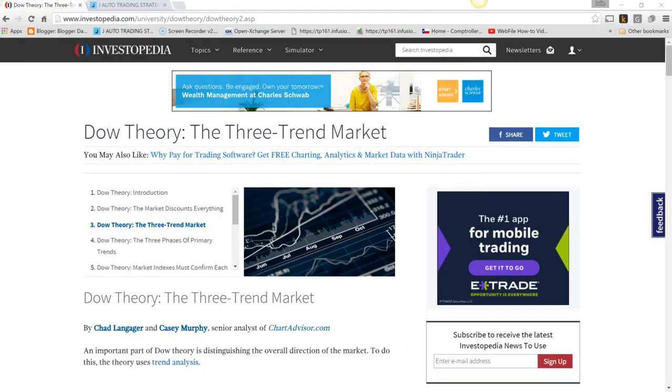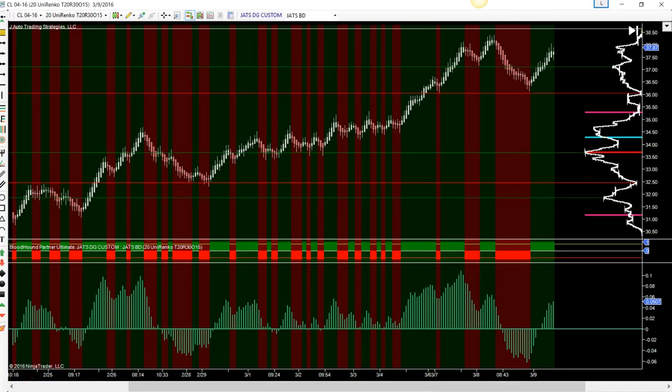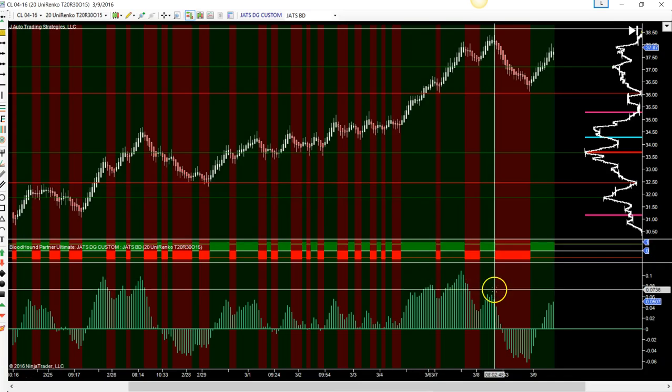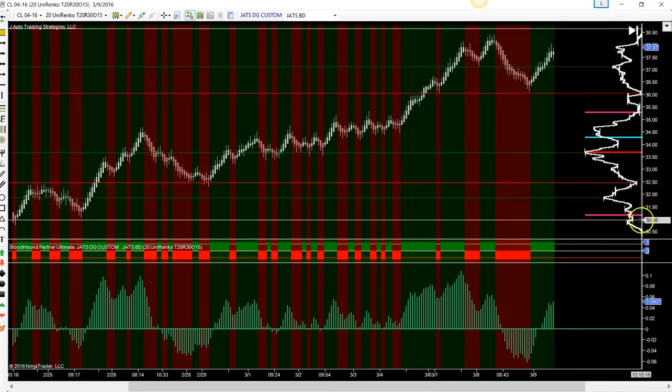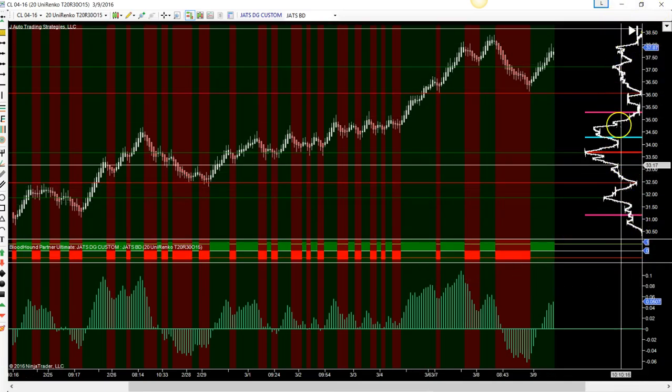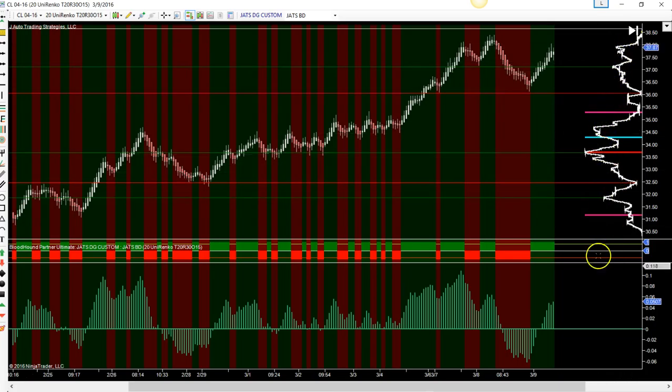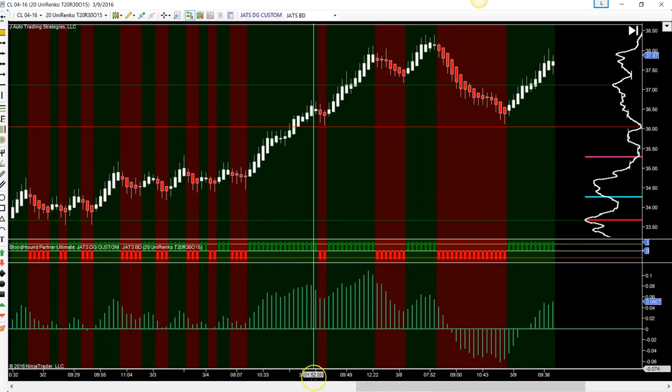Let me show you another chart and another way that I approach the markets. Here is my Renko, custom Renko bars, and here's my Altogami indicator. And you can see, this is my market profile.